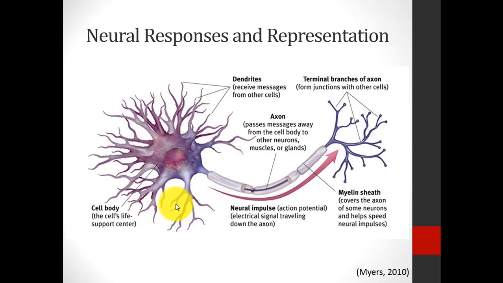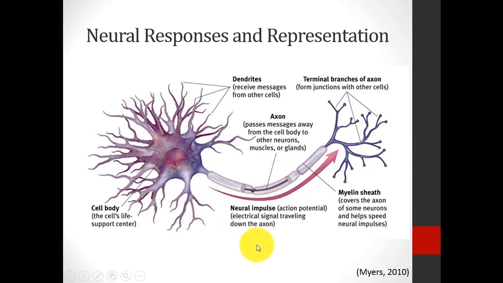As that information is coming in, whether it be excitatory or inhibitory information, it is compiled or processed at what's called the axon hillock, which will be right around here. And if the excitatory messages outweigh the inhibitory messages to the point of threshold, an action potential is sent down the axon.